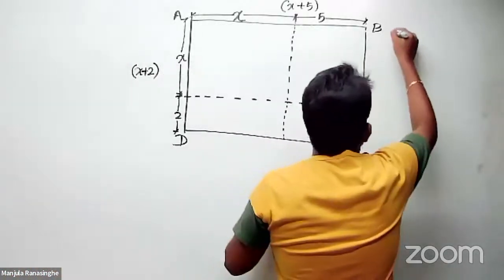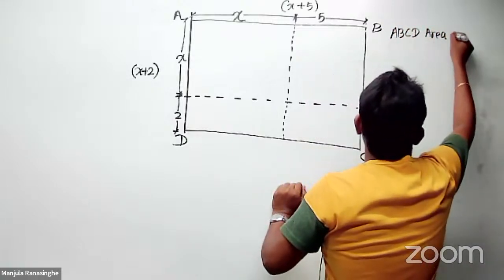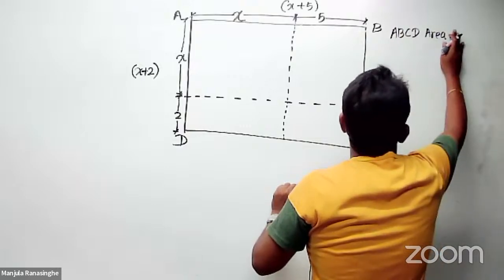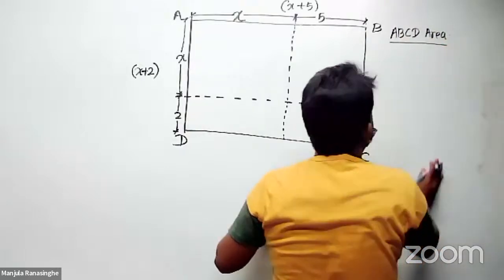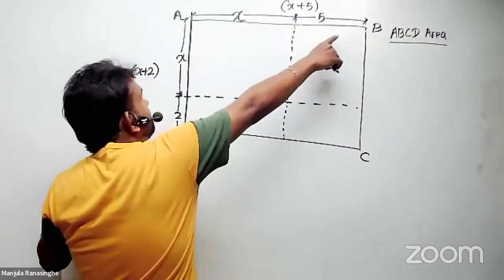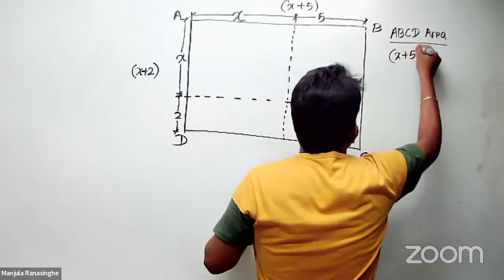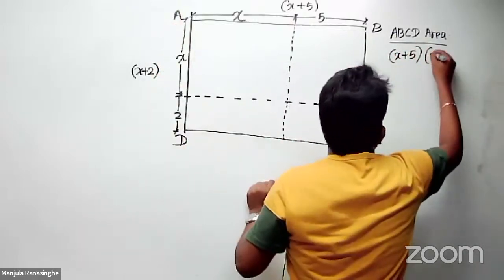So I can write the ABCD area. The rectangle area is given by length into breadth. So what is the length? Totally AB length is x plus 5, right? And what is the breadth? The breadth is x plus 2.